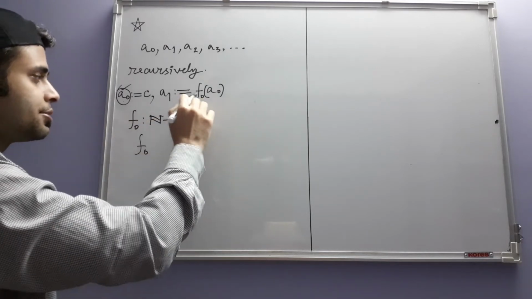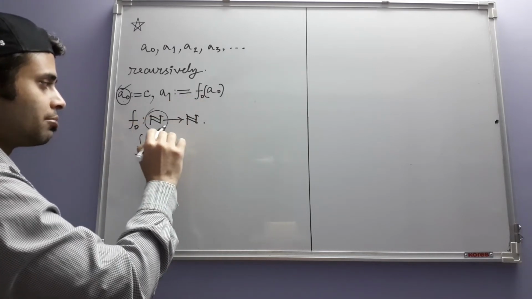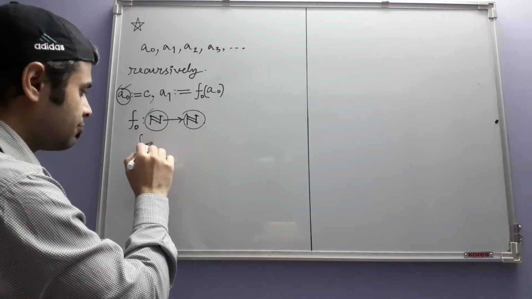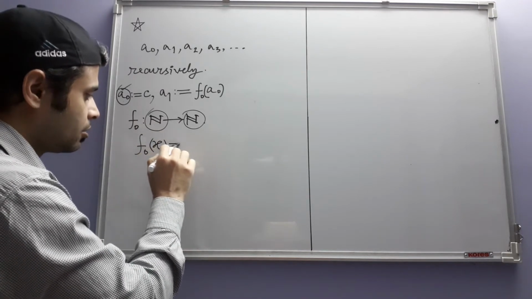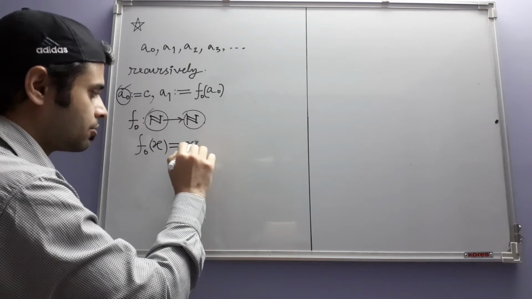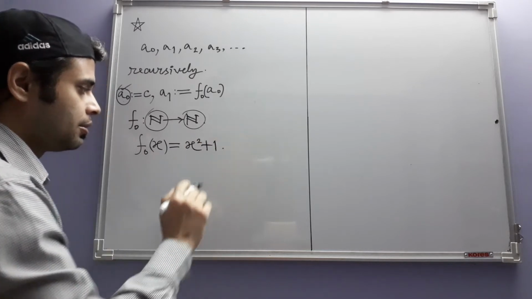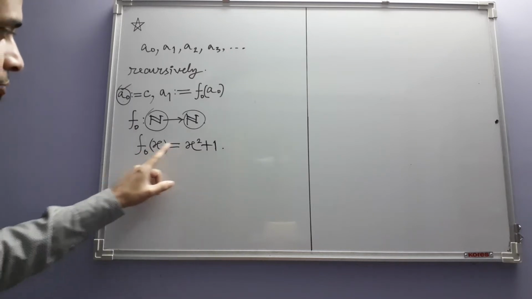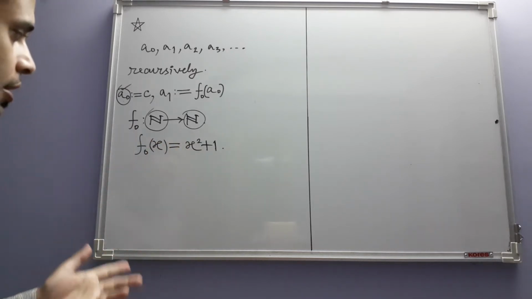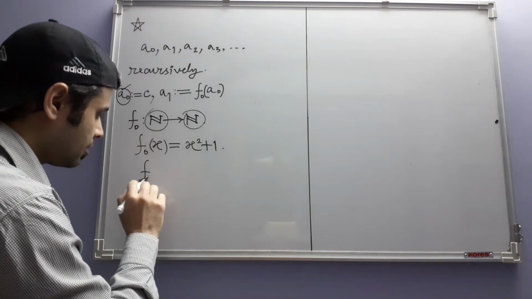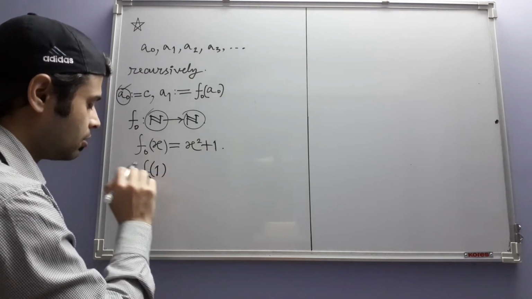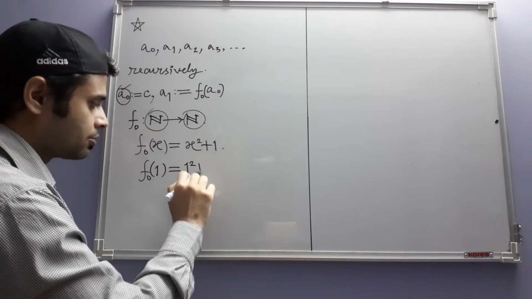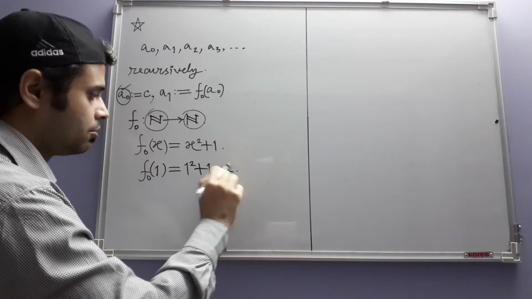And here, by the way, this function is from the set of natural numbers into the set of natural numbers. In general, we have seen functions like f(x) equals x squared plus 1. They are often given by some sort of formula, some sort of expression defining the functional value. So, for example, if I put x equal to 1, then the function value will be 1 squared plus 1, which is equal to 2.